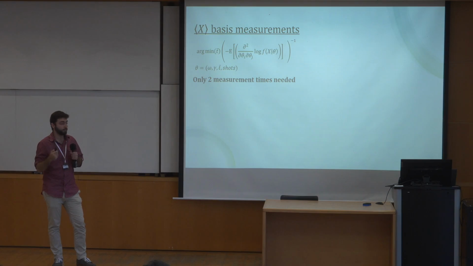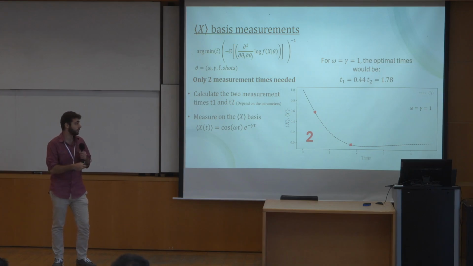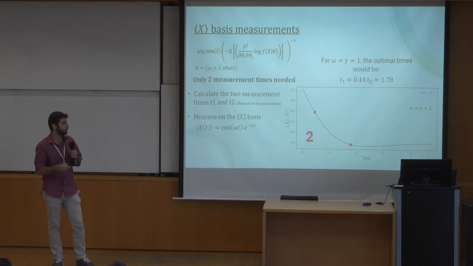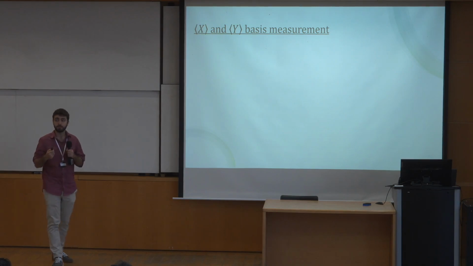So the second strategy would be to calculate those 2 measurement times, T1 and T2, measure on the x basis at those 2 points, fit our data, and extract the parameters omega and gamma. For example, for omega equals gamma equals 1, the 2 times would be T1 equals 0.44 and T2 equals 1.78.